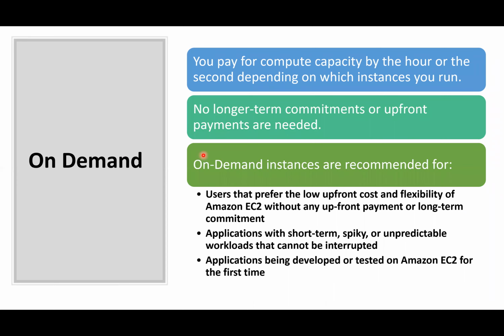On-demand instances are recommended for users who prefer the low cost and flexibility of Amazon EC2 without any upfront payment or long-term commitment, for applications with short-term, spiky, unpredictable workloads that cannot be interrupted, and for applications being developed or tested on Amazon EC2 for the first time.